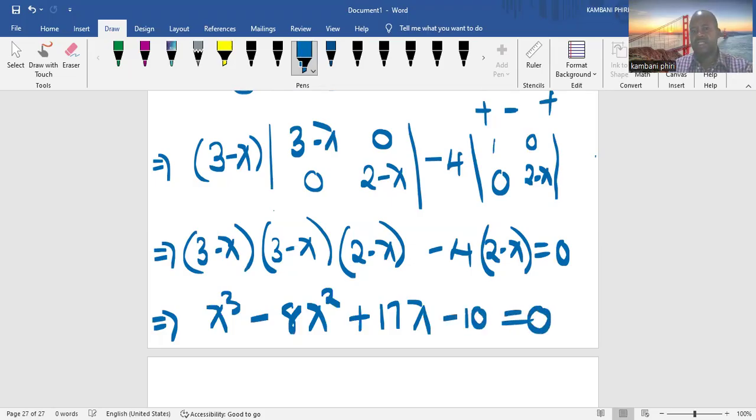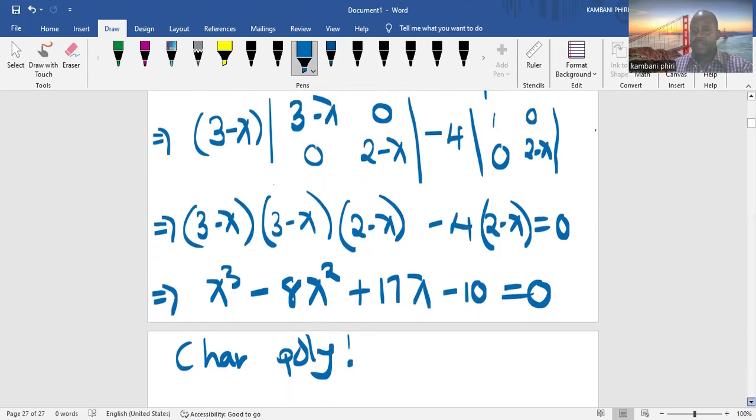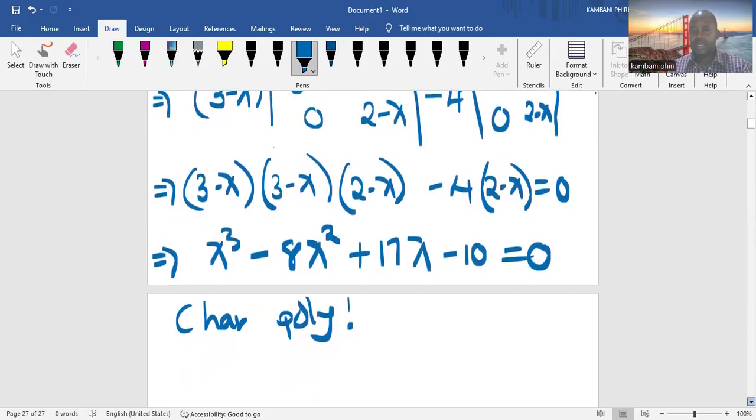The answer is 0. So this is our characteristic polynomial, and that is the starting point in getting the eigenvalues and eigenvectors.